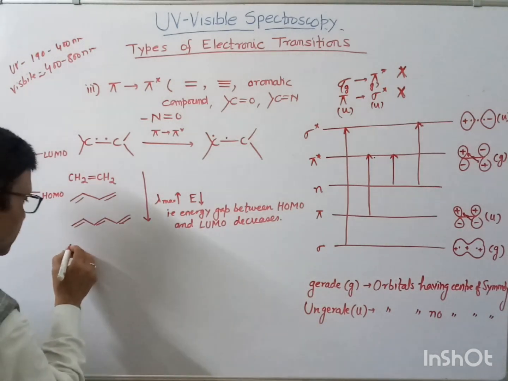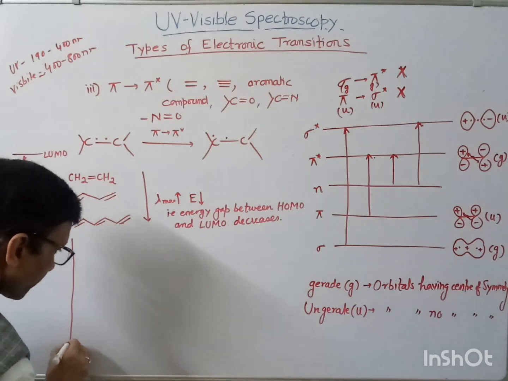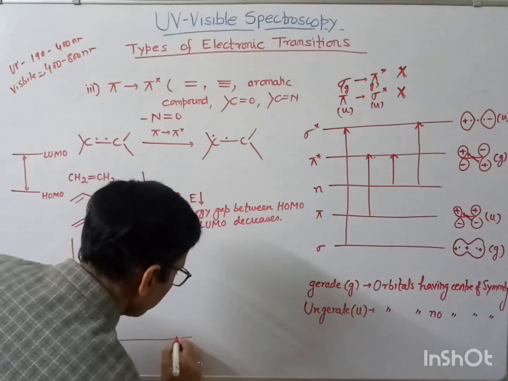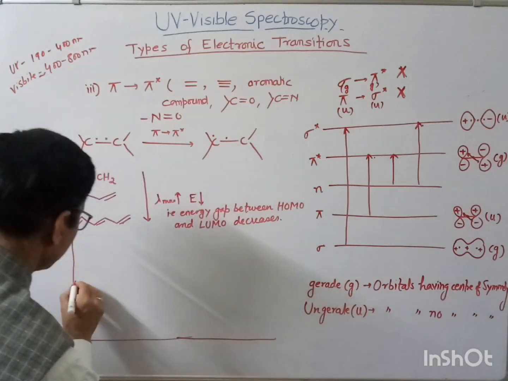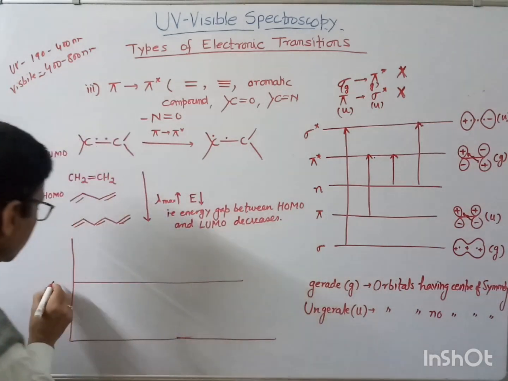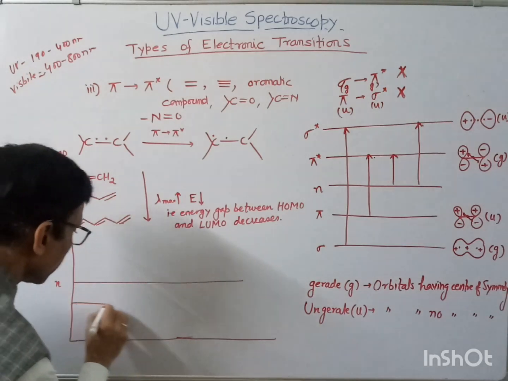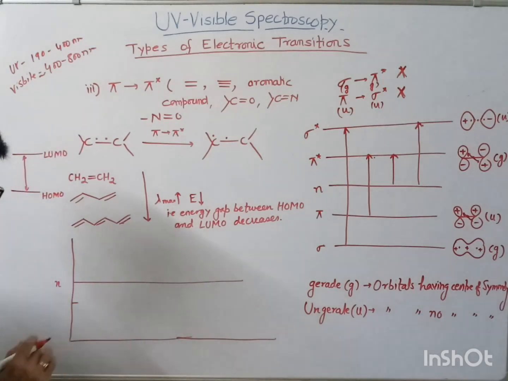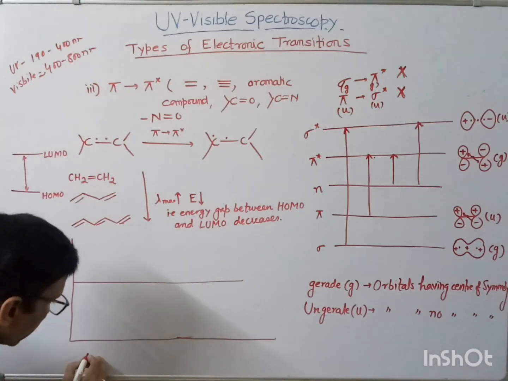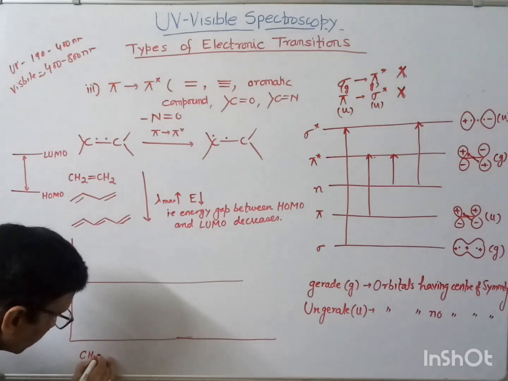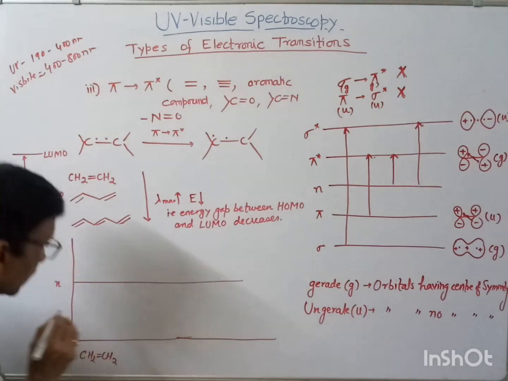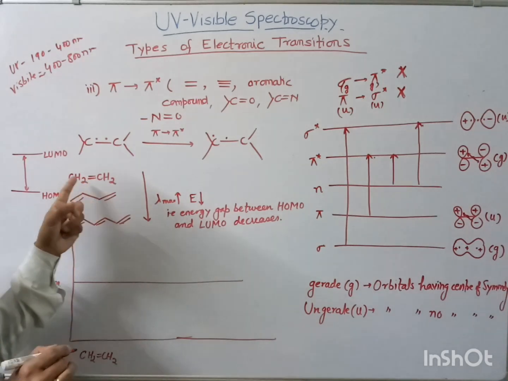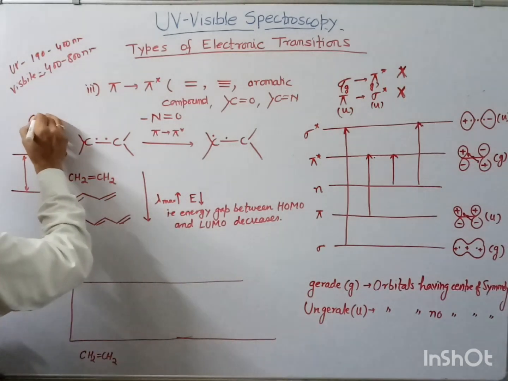Now we can represent this in this way. Suppose this is the non-bonding one. Now suppose we have ethene. How many p orbitals are there in ethene?